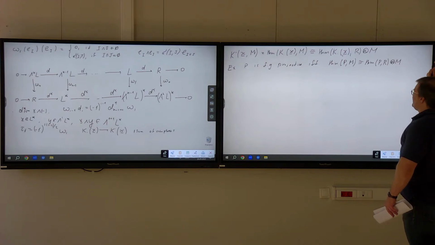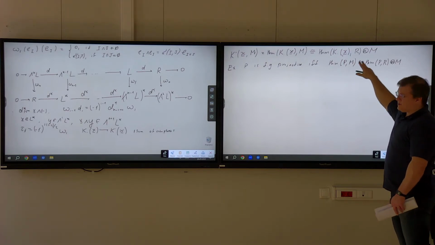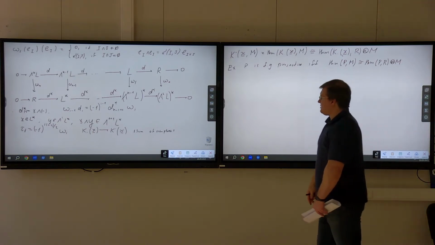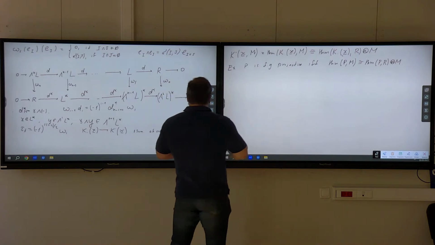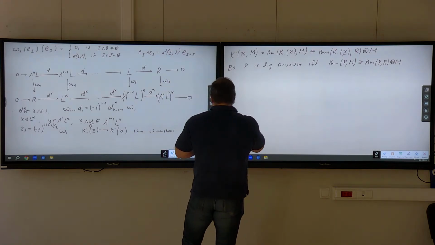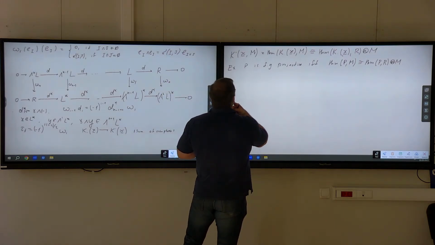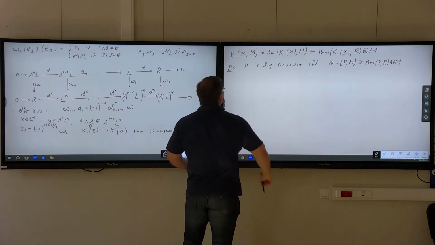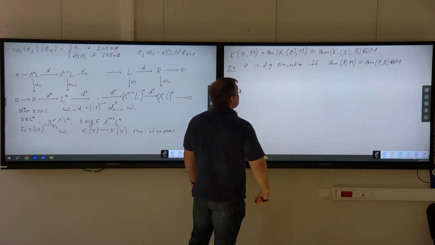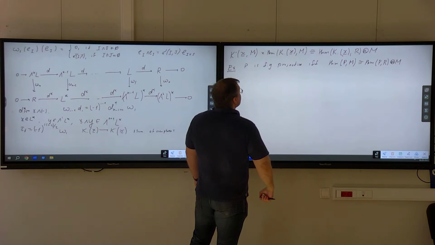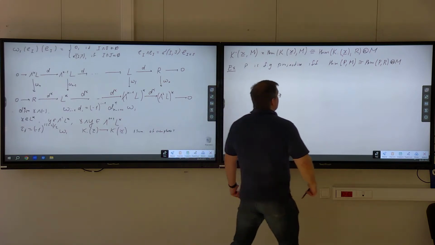But if you take this to be the same, then these two things are definitely different. Okay, so this is what we use, this little exercise from commutative algebra. Well, actually, let's say this is commutative. But then the rest of the computation is simple.